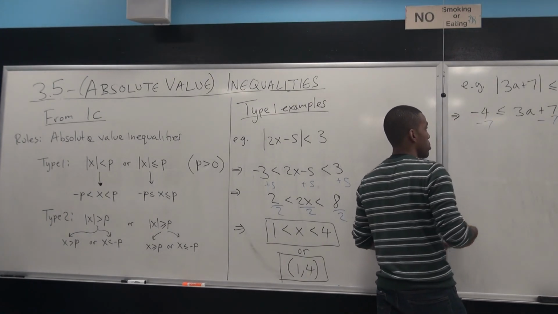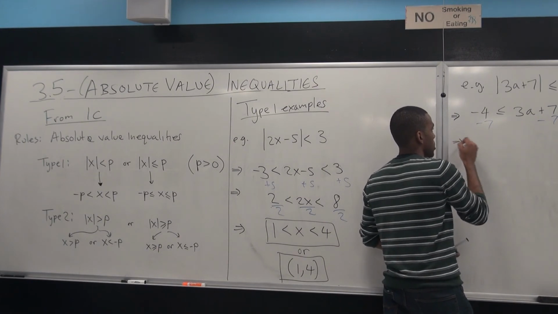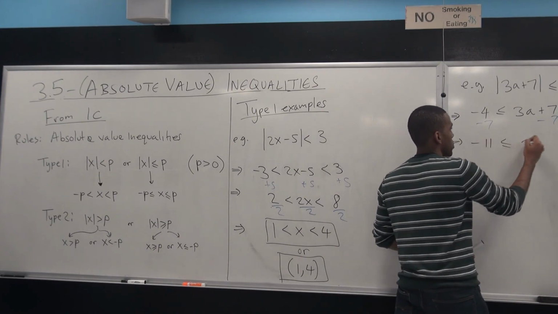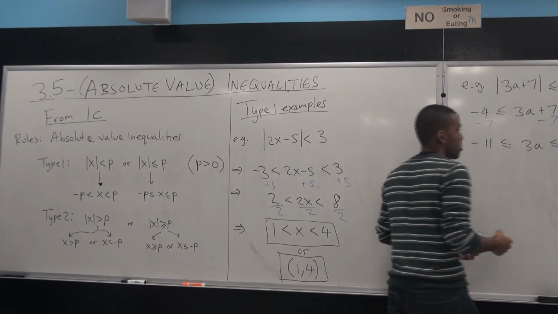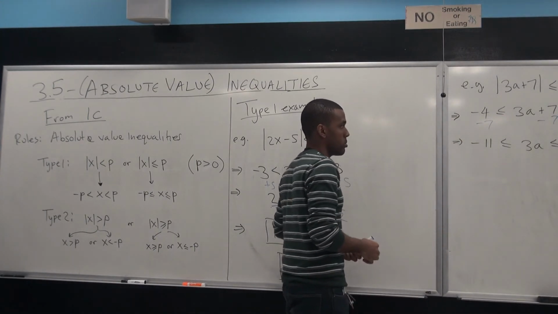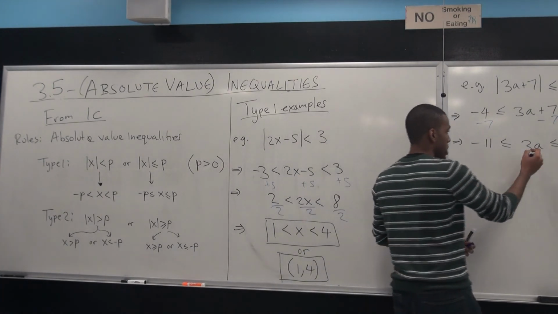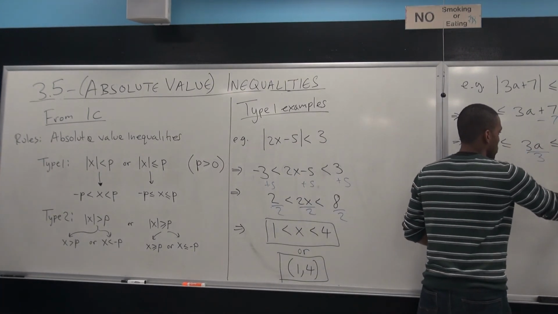So this would give you minus 11 less than or equal to 3x less than or equal to minus 3. Then to solve for x, I would divide by 3 everywhere.